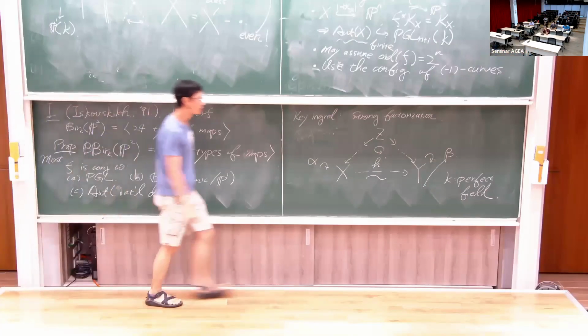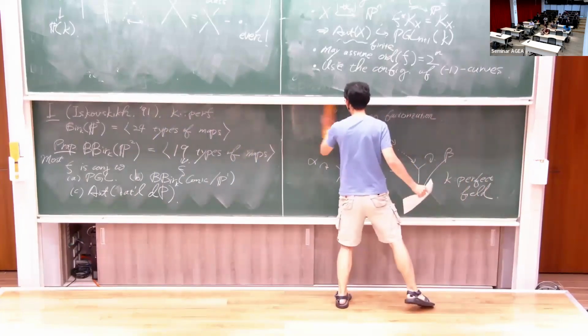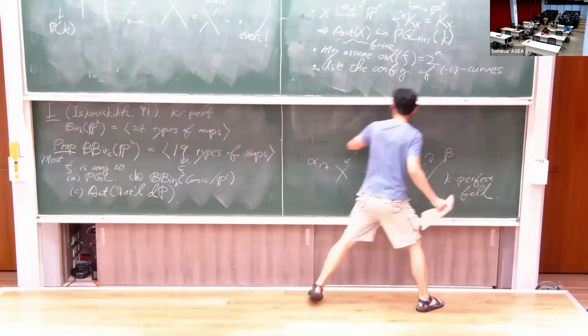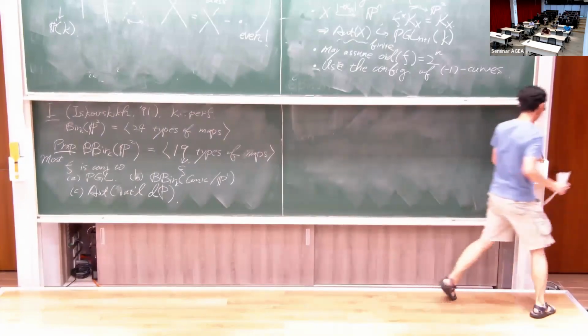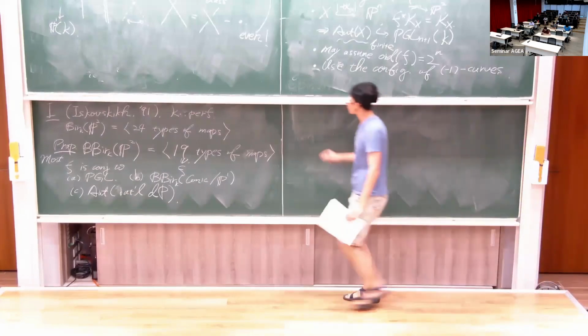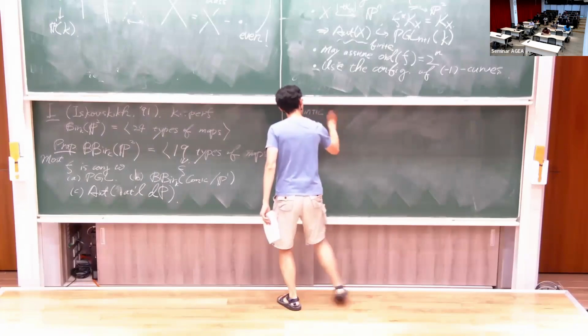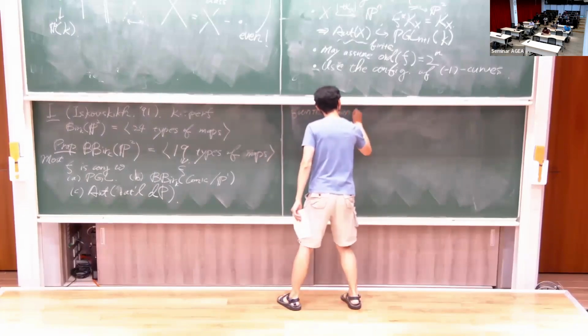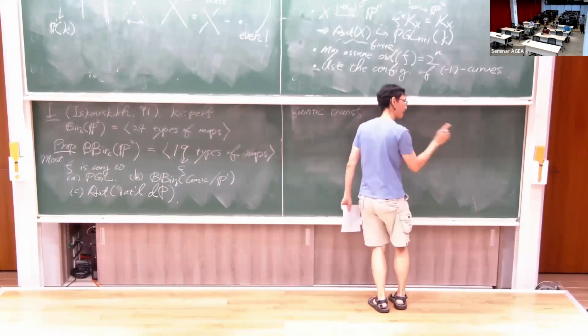This example is called the quintic transformation. And in our work, we denote it as F66.